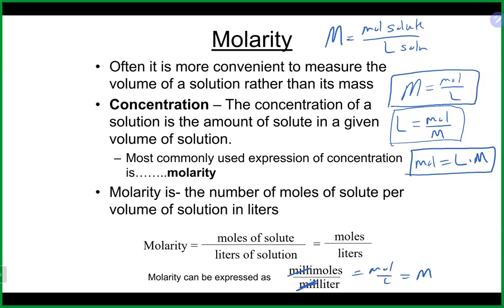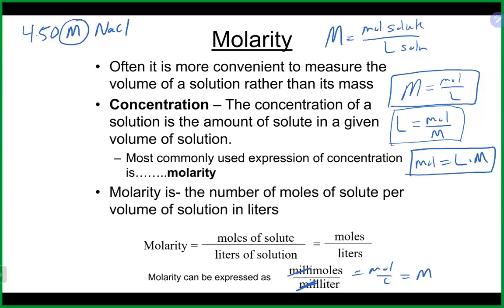A couple important things when you do have the molarity given to you. If you had something that was a 4.5 molar sodium chloride solution, I would highly recommend when you do calculations that you get rid of the big M and not just leave it as big M. That is because most people, when they do leave it as big M, which is the molarity, have no idea where the liters or the volume is.